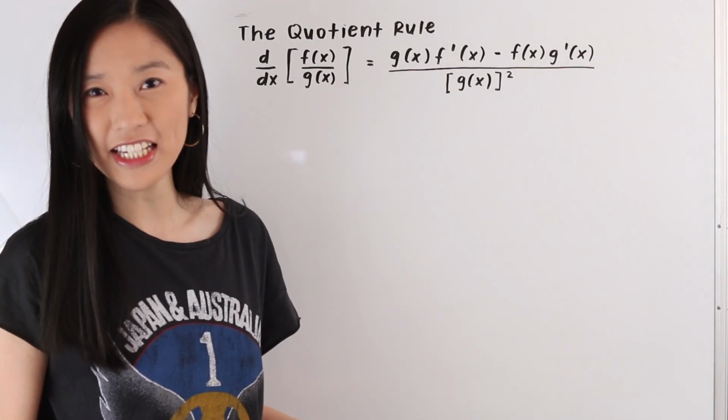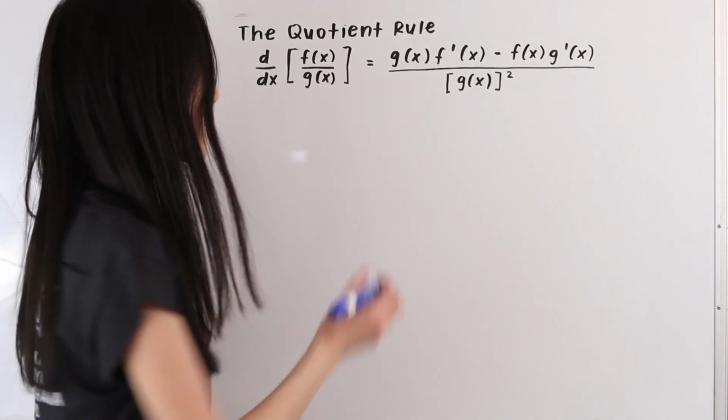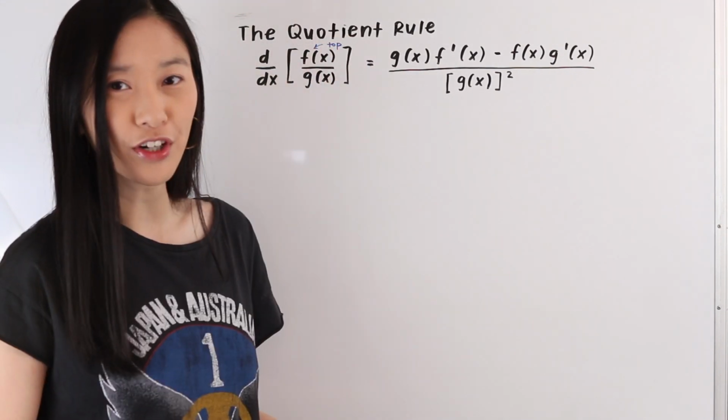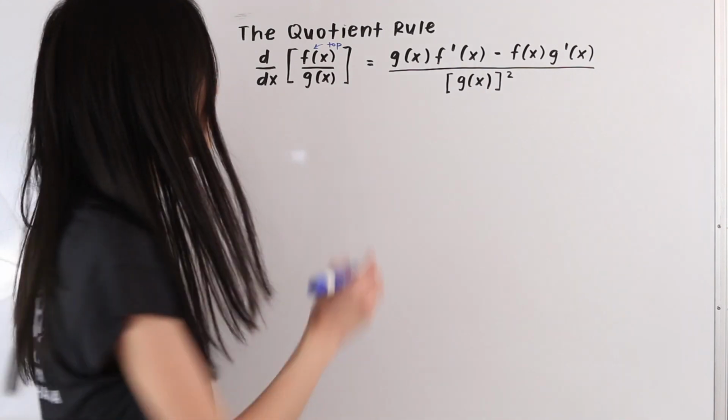The way I like to remember this is by referring to the function f of x as our top function, and referring to g of x as our bottom function.